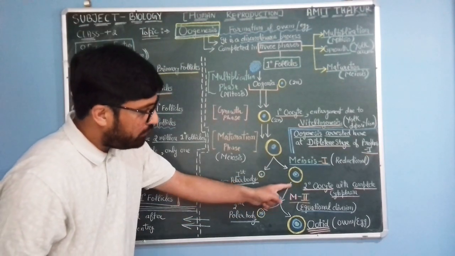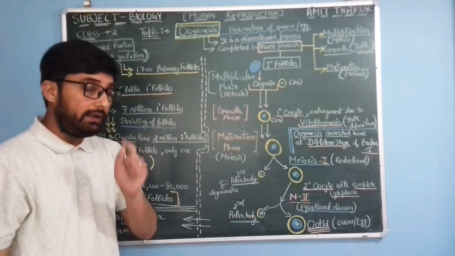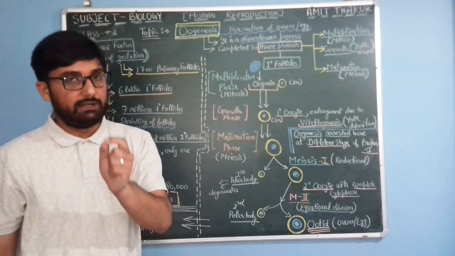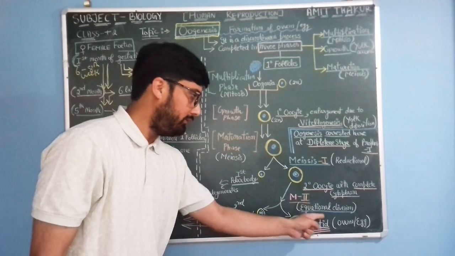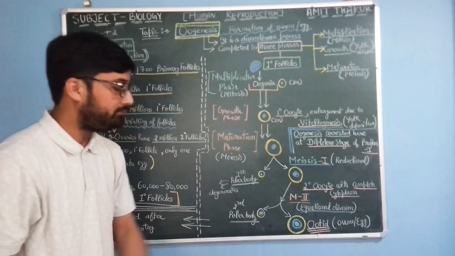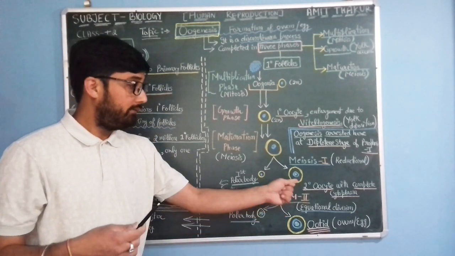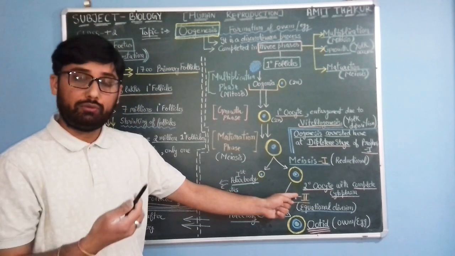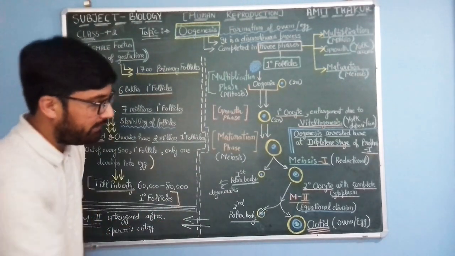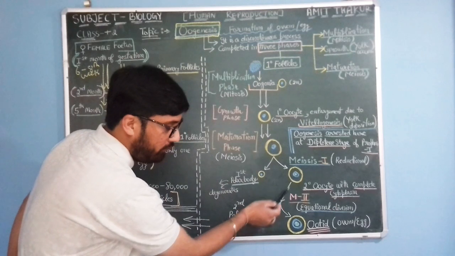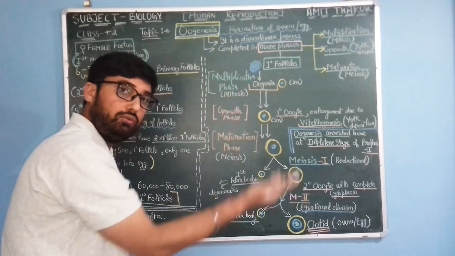Now, this secondary oocyte with complete cytoplasm would undergo meiosis 2. And as I told you, meiosis 2 is equational division, as we see in case of mitosis. When it undergoes meiosis 2, again there is uneven cytoplasmic division, and due to that, this secondary oocyte would again form two cells.